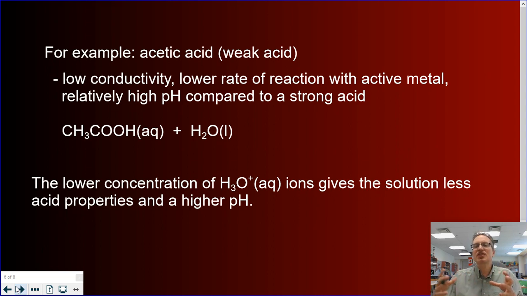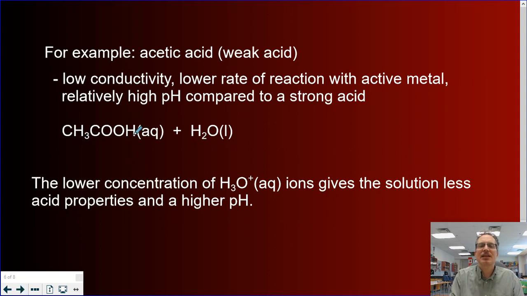It's going to take the reaction longer to react with the same size and mass piece of magnesium. And when we test with a pH meter, our weak acids are going to have a relatively higher pH compared to that of a stronger acid. It's going to be a little bit closer to 7 than our stronger acids that were closer to 0.